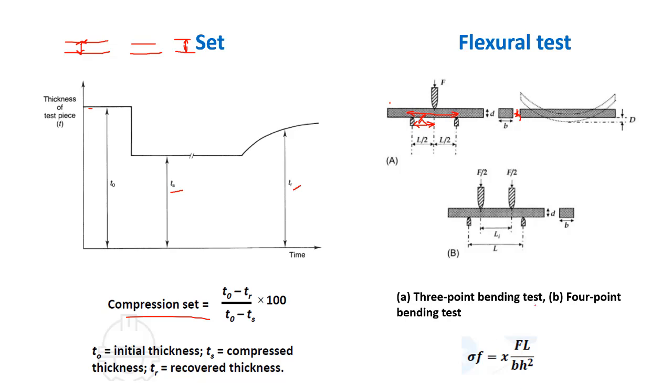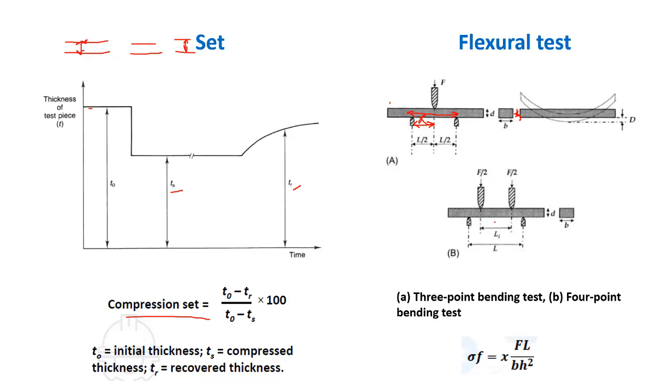And we have the 4-point bending also. Here the load is applied at 2 points, and the points of contact at the bottom are also 2, so 4 points. That's why we call it 4-point.